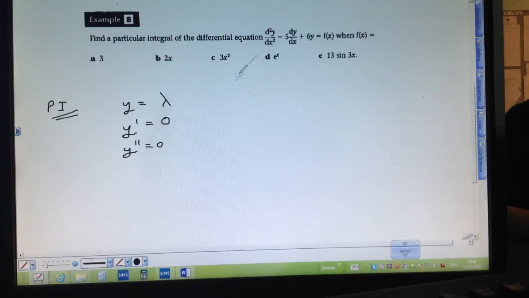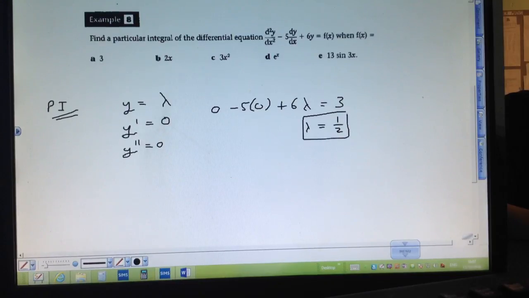Put all of this in and you end up with 0 minus 5 lots of 0 plus 6 lots of lambda, equal to the function of x, which happens to be 3. So you end up with lambda is equal to a half. So the particular integral is y equals a half. It's as easy as that.